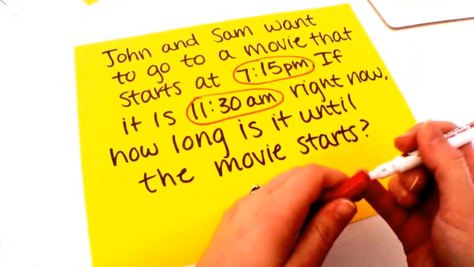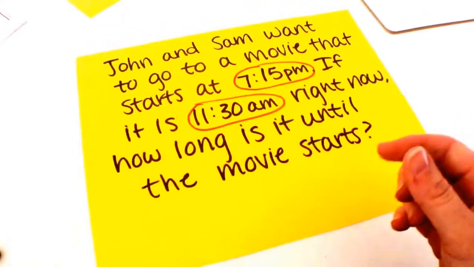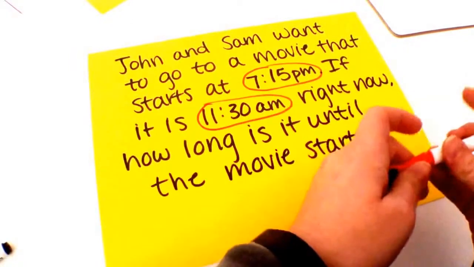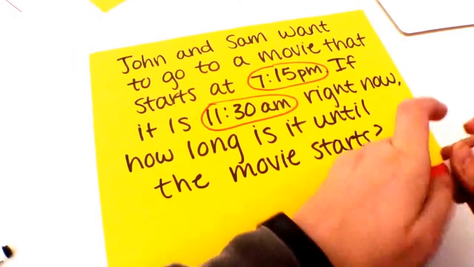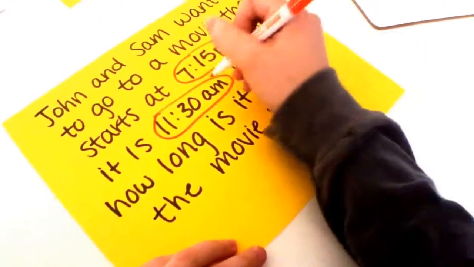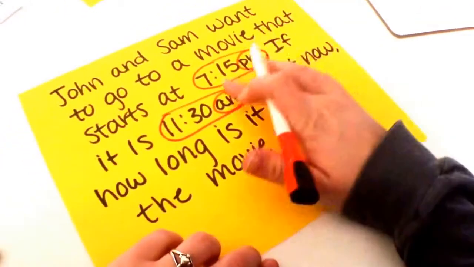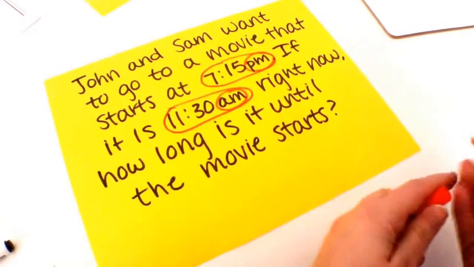I also want us to take a different color and circle AM and PM on the 2 different times so that we know we're going from morning to afternoon.